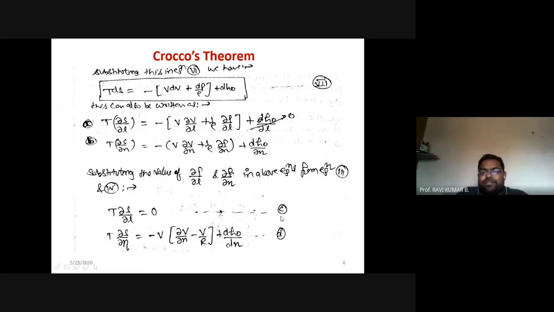This is equation number 7. And another equation I get in the perpendicular direction is minus V ∂V/∂n minus V squared by R plus ∂h naught/∂n. This term is basically nothing but the vorticity component.